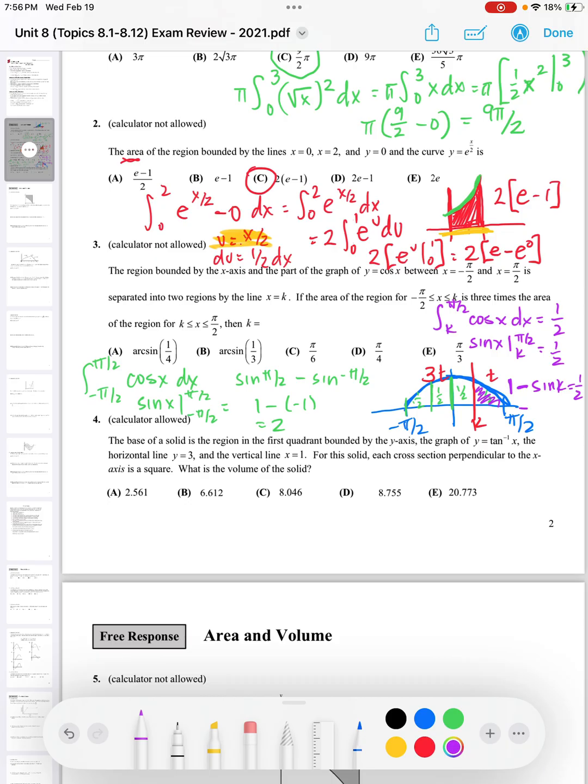So that I have negative sine of K equals, subtract the 1, I'm going to start solving for K. So 1/2 minus 1 is negative 1/2. Divide by the negative 1. So sine of K equals 1/2. And where does my sine equal 1/2 on my unit circle? Sine equals 1/2 at pi over 6.